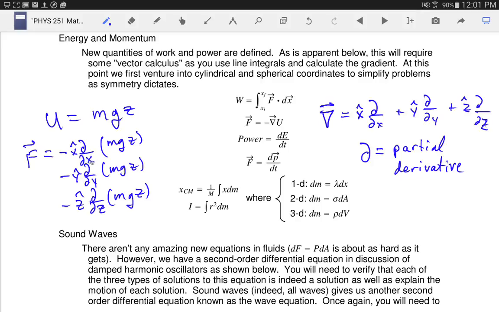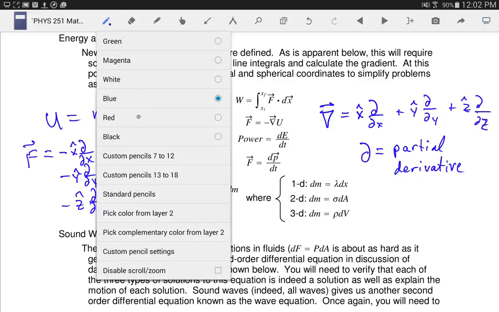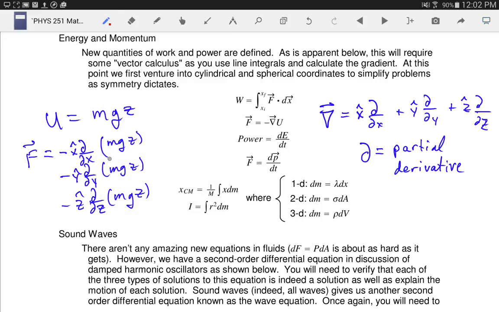Now when you look at this, partial derivative with respect to x of mgz, what value is that going to give you? It gives me 0 because x is my variable. There's no x here, so everything's a constant. Derivative of a constant is 0. What about the derivative with respect to y of mgz? 0 again.